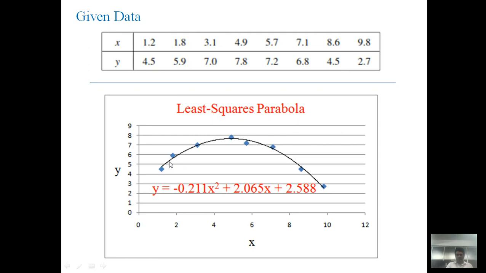As you can see here, our aim is not to cover the maximum number of points, but our aim is to find the equation of the parabola in such a manner that the summation of the square of deviations is minimum, because it's actually the least square method.